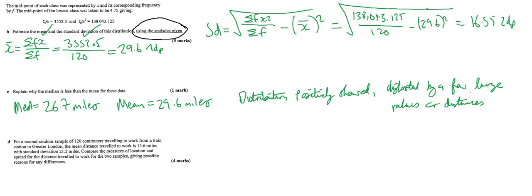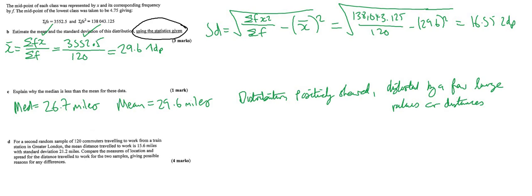We said the midpoint in the first group is 4.75 miles, but there are some people who travel 80 to 89. Okay, so those are going to basically distort our distribution and make the mean larger, whereas the median picks the middle person and that's taken out.